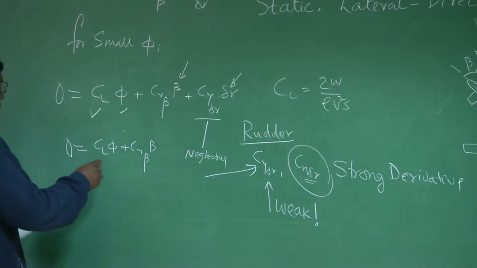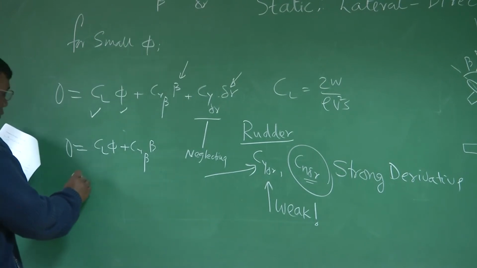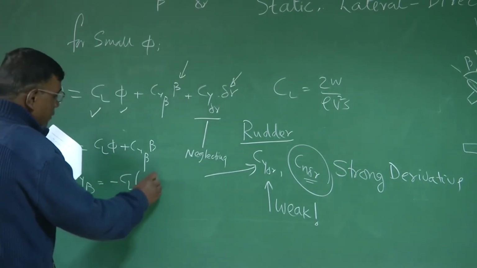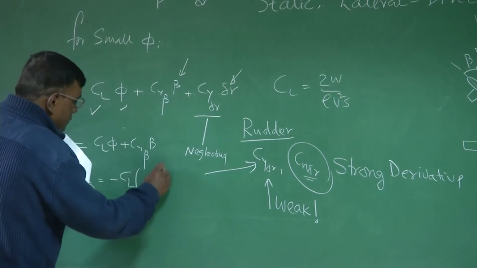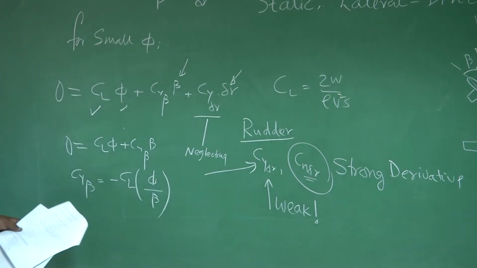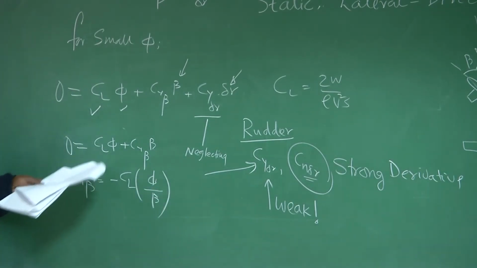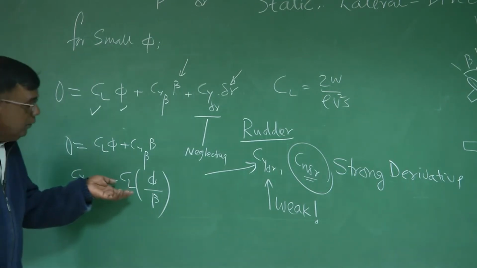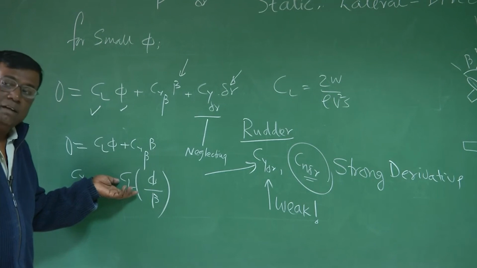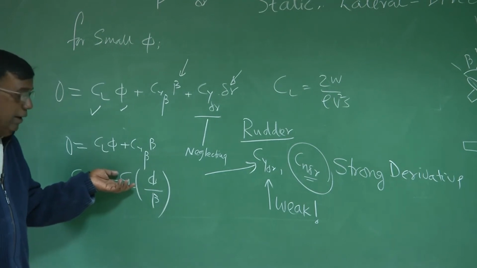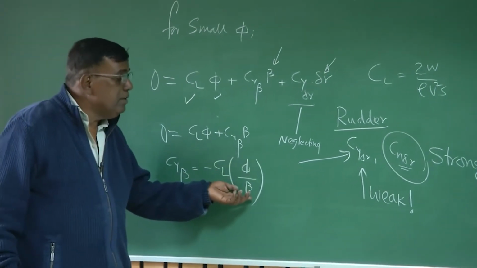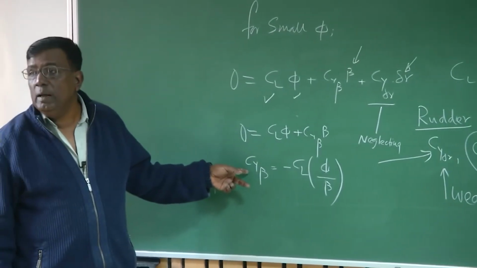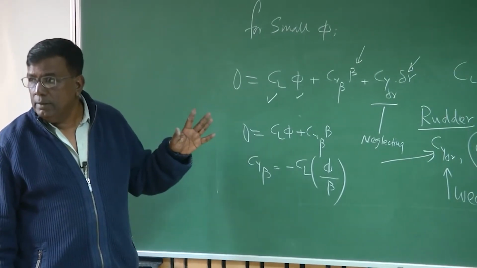Then from here I get Cy beta is equal to minus CL phi by beta. No objection here? From this equation I can get this. What are we getting? If I execute a side slip maneuver, I know the value of CL, I can measure phi, I can measure beta, then actually I am estimating the value of Cy beta for the whole airplane, which is an approximate one, right?